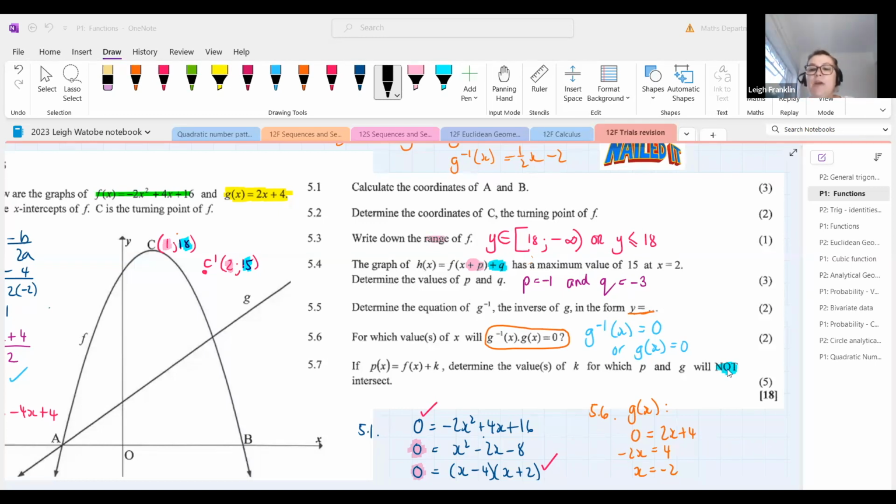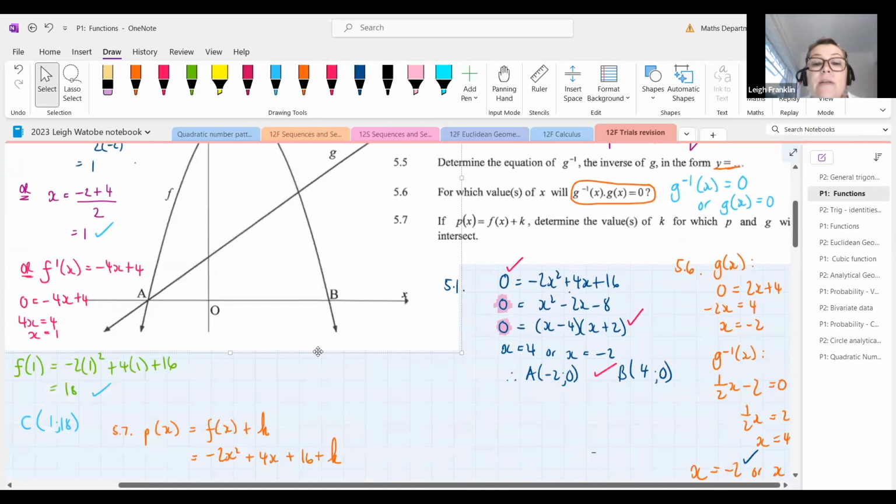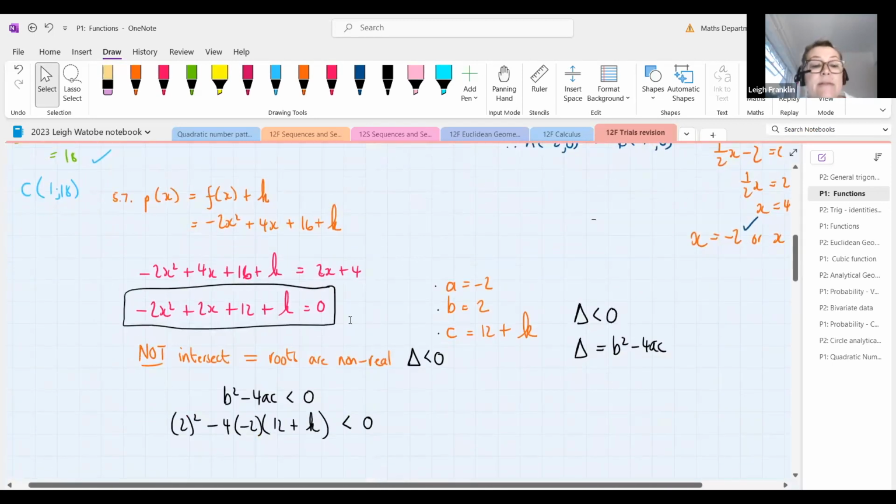So the clue here was the not intersect. That's how we know that they're using nature of roots. Equal roots or tangent means delta is equal to 0. Will not intersect means non-real roots, delta is negative. That's very true, Ntlanhla. Good, yes. So not an easy question at all. Not something that we see very often, but it does come up.